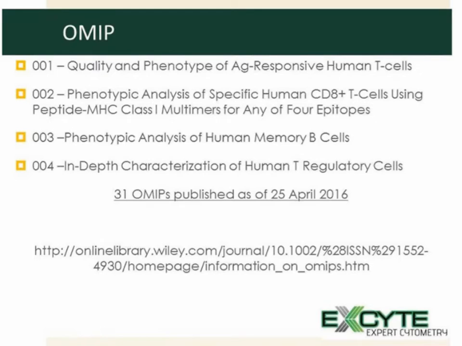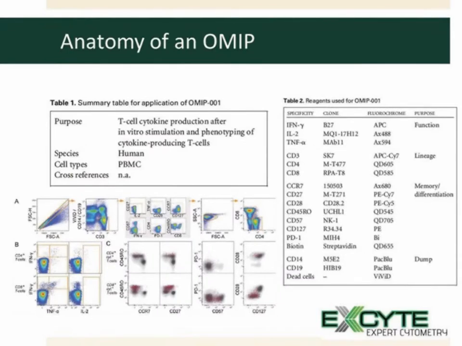The other nice thing about the OMIP, which there are 31 of them published right now, and you can get a link to them all here. These are the first 4, is this feature right here. It shows you a gating strategy that the researchers who used and developed this OMIP used to identify their cells of interest.